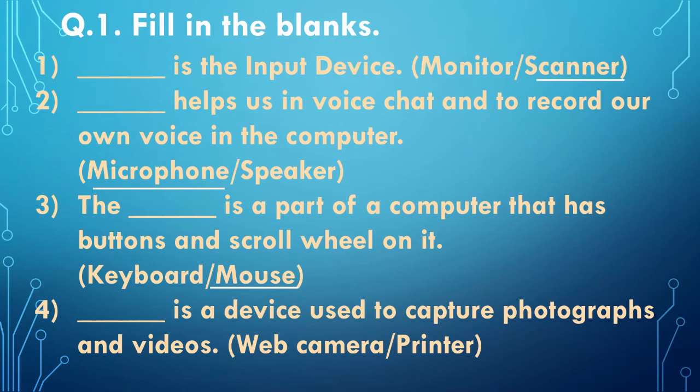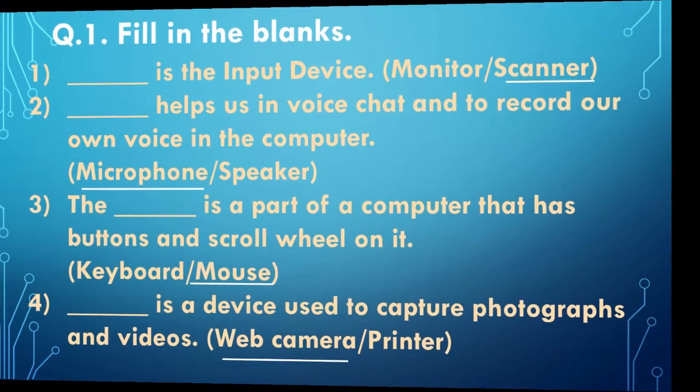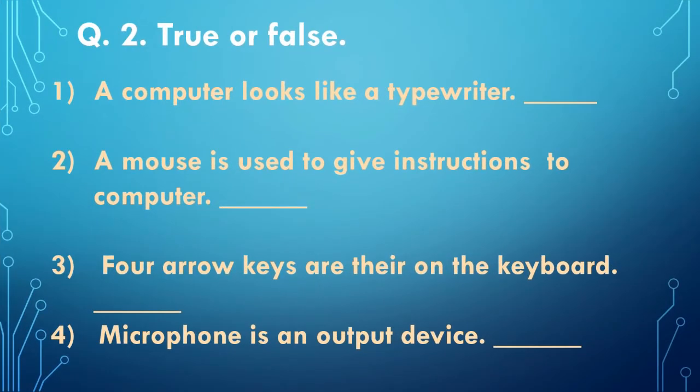Now students, let's solve question number 2, true or false. Our first question is: a computer looks like a typewriter. Is this right or wrong? This is wrong, which means false.